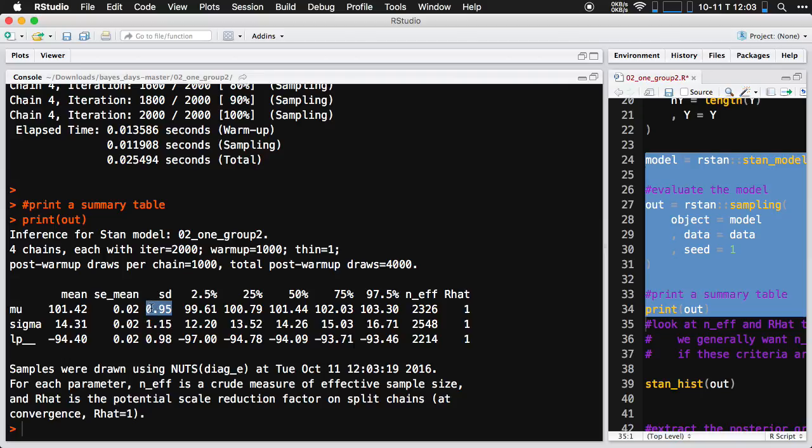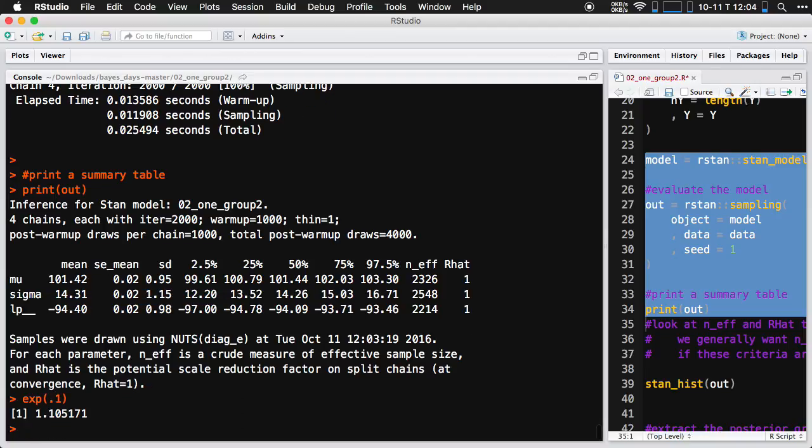Remember, our prior had a standard deviation of 1. Ditto for our posterior for the variability: it has shifted from the prior a little bit. Let's see, exp of 0.1 is 1.1, so it's actually gotten a little bit wider.